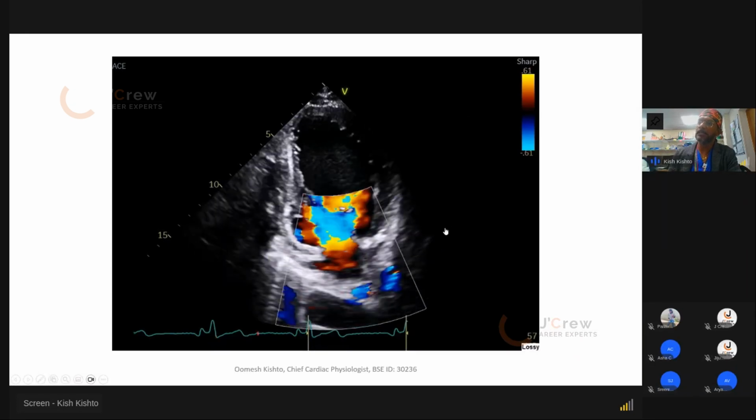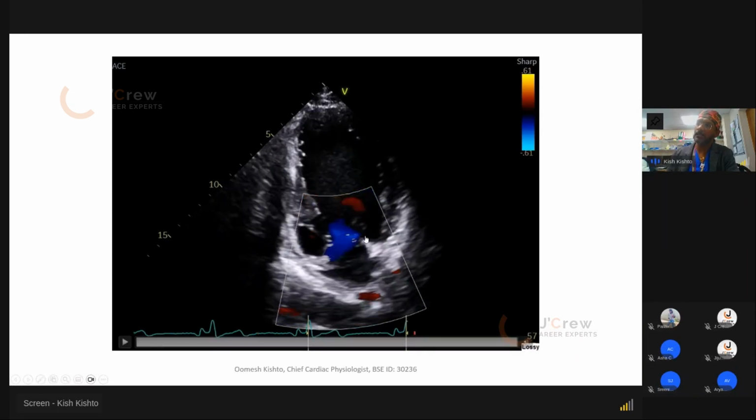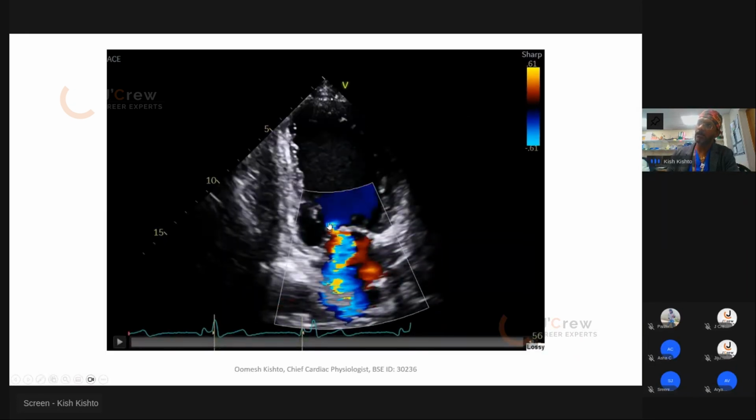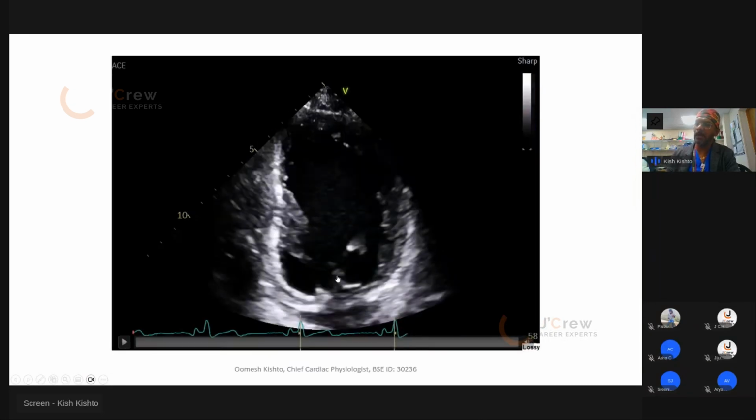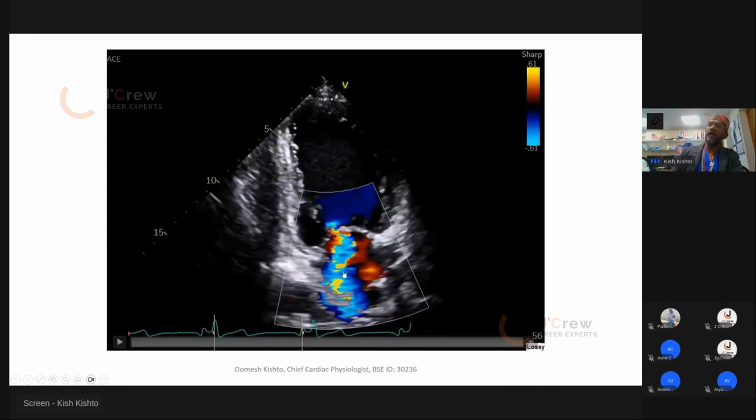So this is a two-chamber view. You can still see the MR there. And sometimes in the apical four-chamber view I've already had a better PISA. So if in this two-chamber view you have an even better PISA, by all means measure it there, okay?